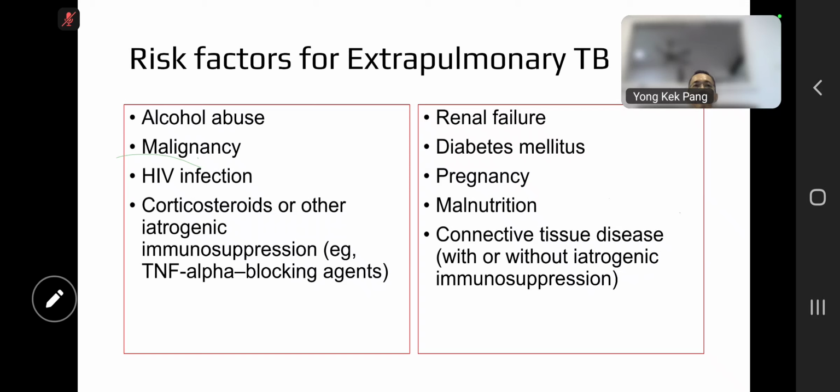For instance, alcohol abuse, malignancy, HIV infection, use of corticosteroids or other iatrogenic immunosuppression, like TNF alpha blocking agents, kidney failure, especially those who require dialysis, diabetes mellitus, particularly those with poorly controlled diabetes. Pregnancy is also a risk, and of course, it also includes people with malnutrition, connective tissue disease, with or without iatrogenic immunosuppression.